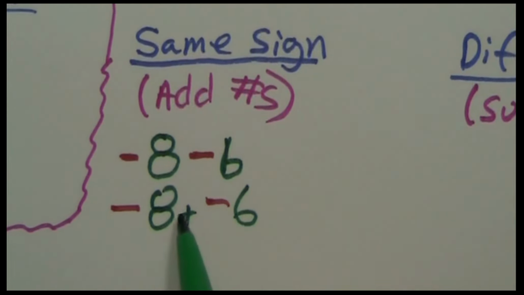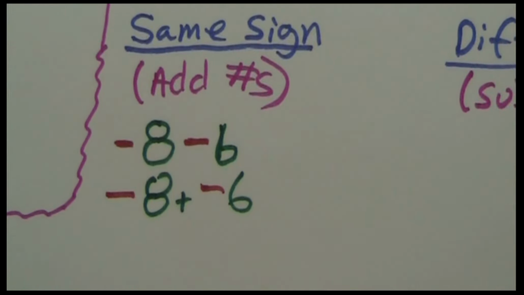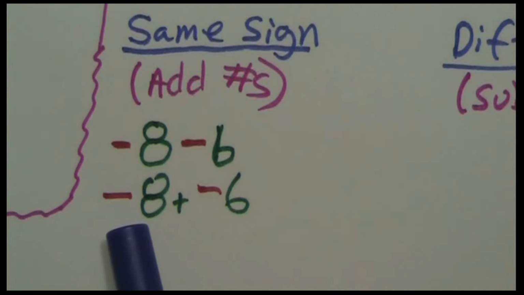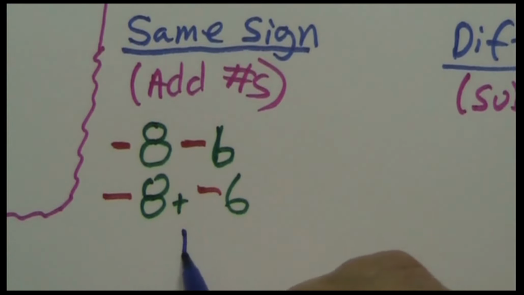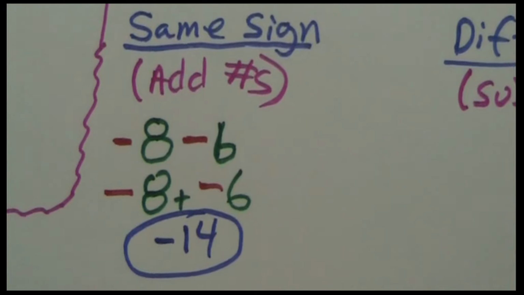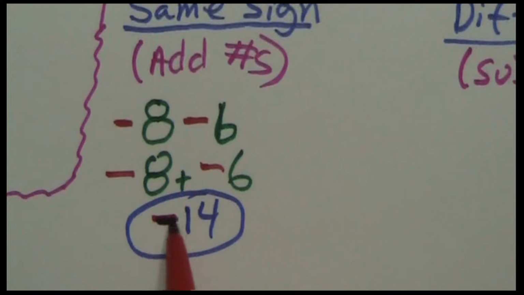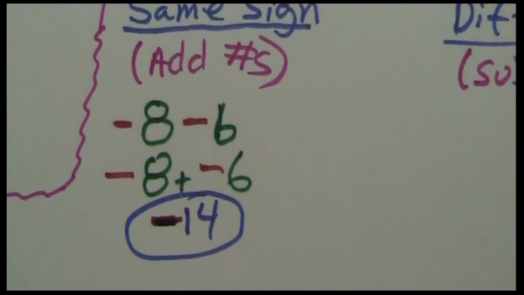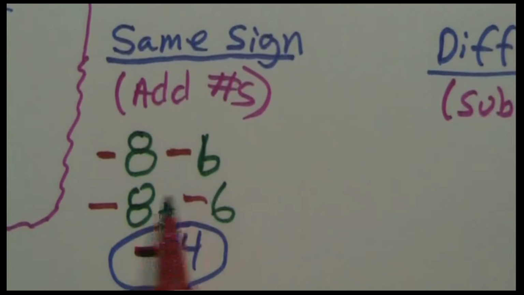Subtracting 6 and adding negative 6 gives the same result. And so in this case, if I have 8 negatives and 6 negatives, you just add them. 8 and 6 is 14. There are 14 negatives. So if they're the same sign, add them up.